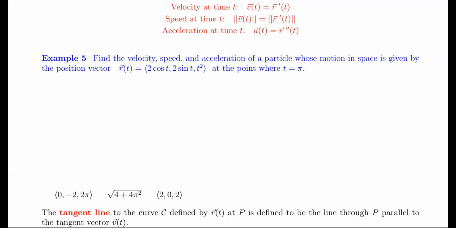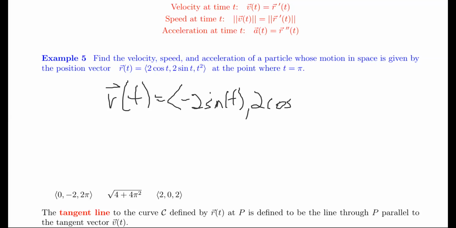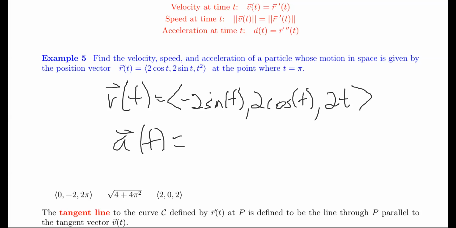Well, if we recall, v of t was equal to negative 2 sine of t, 2 cosine of t, and 2t. So the acceleration vector is derivative of negative 2 sine is negative 2 cosine. Derivative of 2 cosine is negative 2 sine.